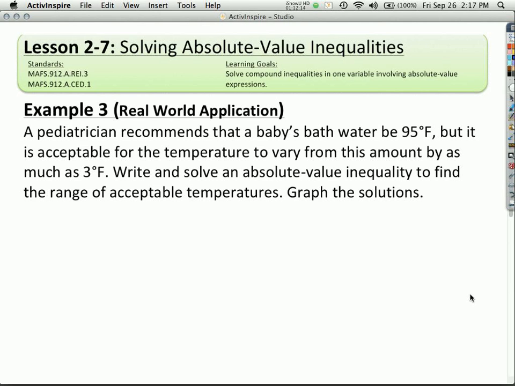I had a lot of students in other classes who thought it was very odd that you would put a baby in water that was 95 degrees. It seems like that would be scalding hot, but it's not. 95 degrees is actually the perfect temperature for bath water. To test that out for yourself, if you have a thermometer you're allowed to use at home, you can ask a family member to fill up the bathtub a little bit, not to take a bath.